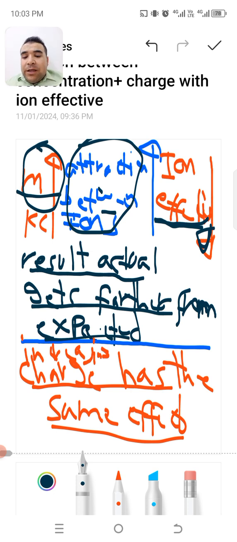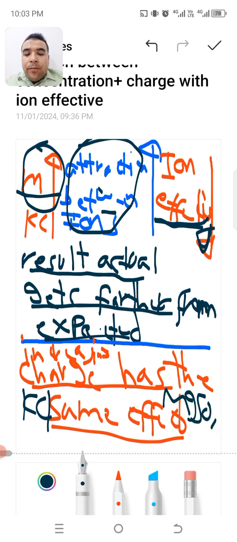Let me provide an example for this, guys. Suppose we have KCl and MgSO4. The example asks about 1 molar of KCl and 1 molar of MgSO4.